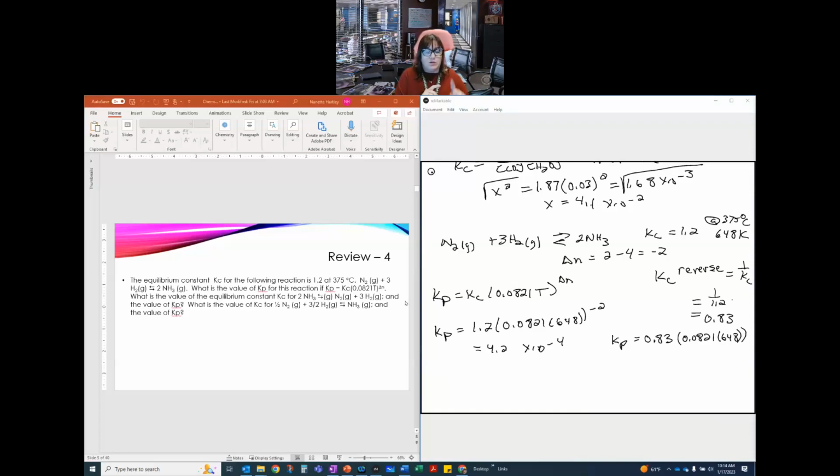So we've reversed this equation, right? So we've got products 4 moles minus 2 moles. That's actually squared. And that's our delta N for the reverse reaction.